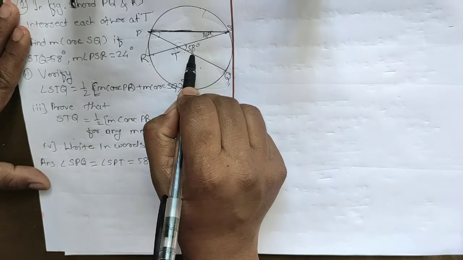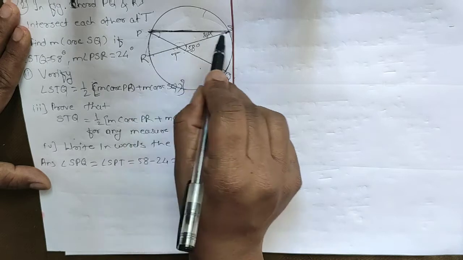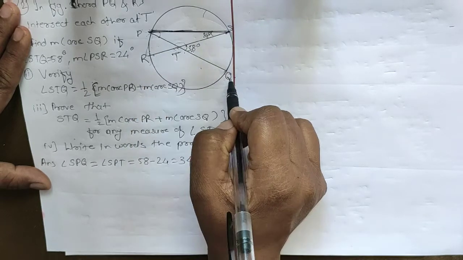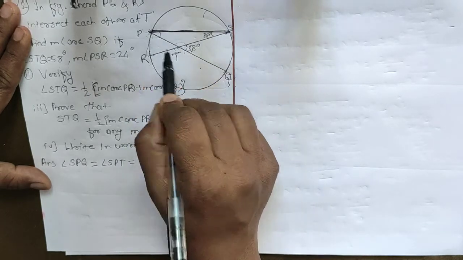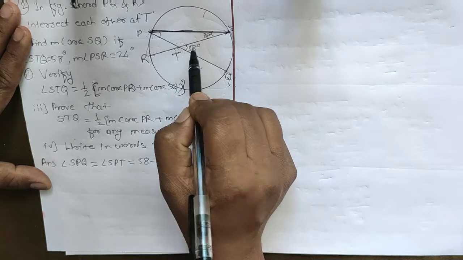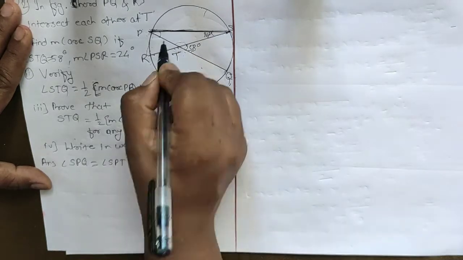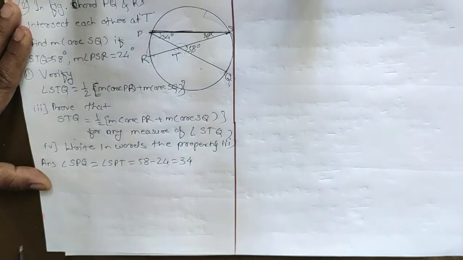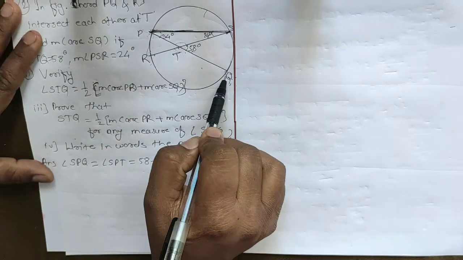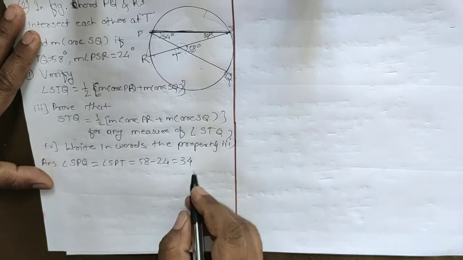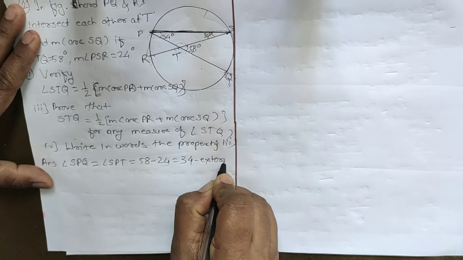We subtract because angle STQ is the exterior angle of triangle PST. So subtracting gives this angle as 34 degrees, and if it is 34, arc SQ is 68 because it is double. So here we use the exterior angle theorem.